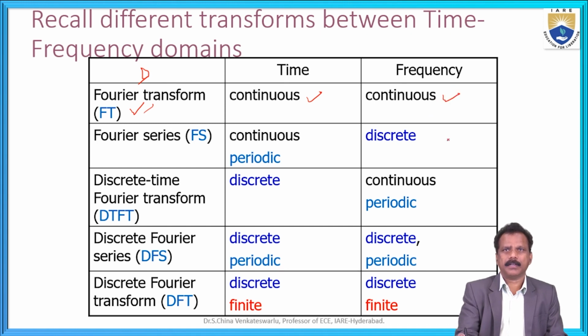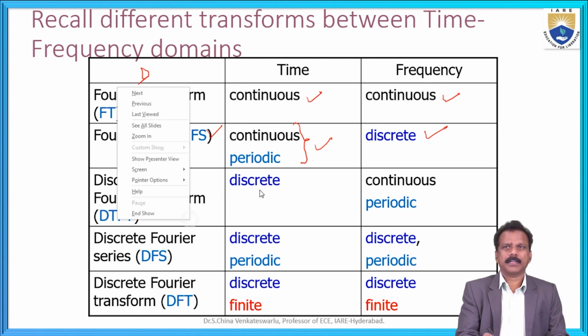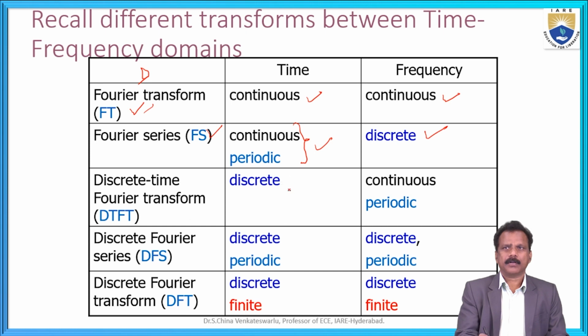In the Fourier series, the time domain is continuous periodic and the frequency domain is discrete. Next, in the discrete time Fourier transform, the time domain is discrete and the frequency domain is continuous periodic.